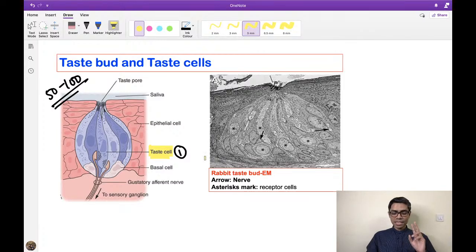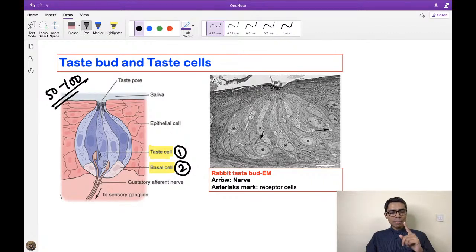There are different types of taste cells, type 1, type 2, but you don't have to remember the details about this. You just remember there are taste cells, and along with that there are basal cells. So the second type of cell that you have to remember is the basal cell. We have also seen the basal cell at the level of the olfactory epithelium.